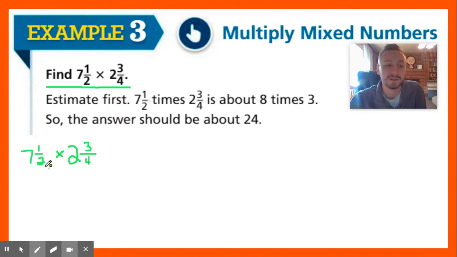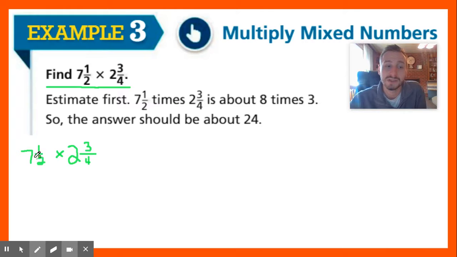What we need to do first is we want to change the 7 1/2 into an improper fraction. And the way you do that is you take the denominator and you multiply it by the whole number, and then add the numerator, the number on top.